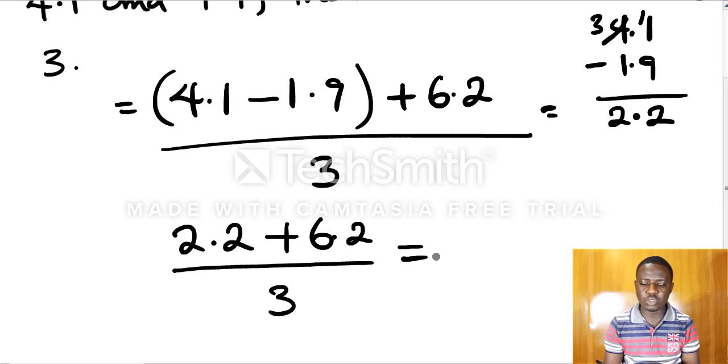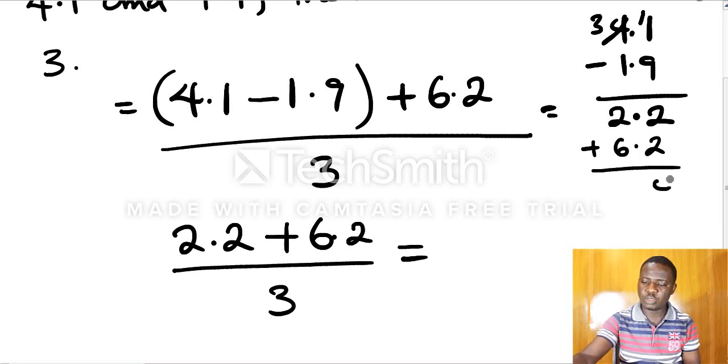So this becomes 2.2 plus 6.2. So 2.2 plus 6.2 becomes 8.4.